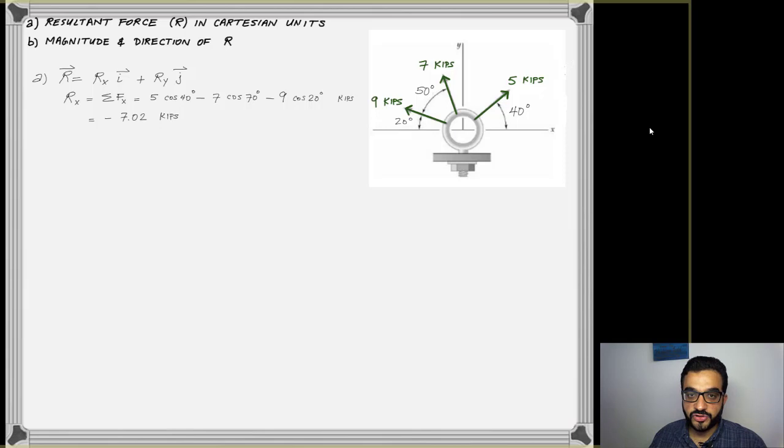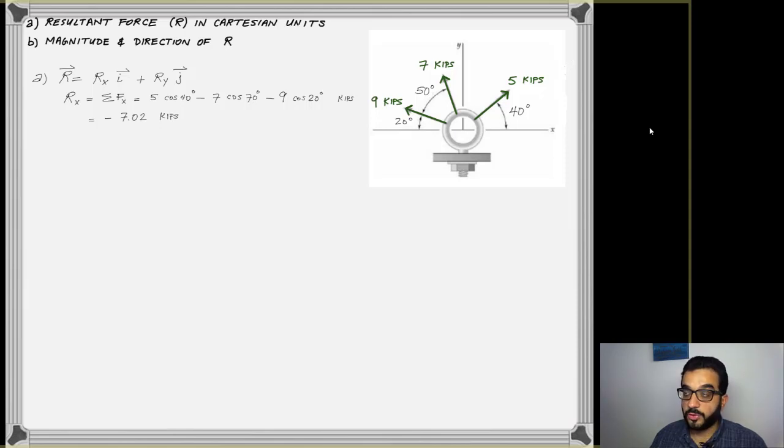but we have to pay attention to the direction here. The x component of 5 kips is going to the right, but the x component of the 7 kips and the 9 kips are going to the left, so it's negative. So pay attention to what angle you're dealing with for each force. Are you dealing with cosine or sine?